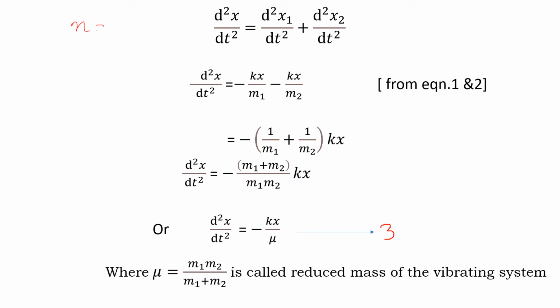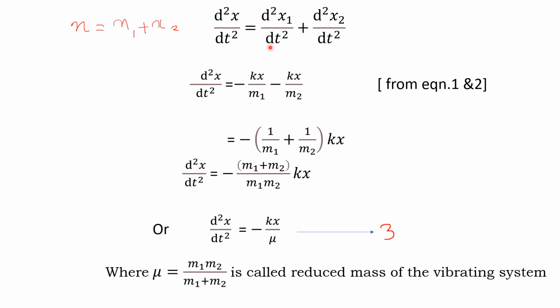But we know that x is equal to x1 plus x2. Differentiating this equation twice with respect to t, we get d square x by dt square is equal to d square x1 by dt square plus d square x2 by dt square.